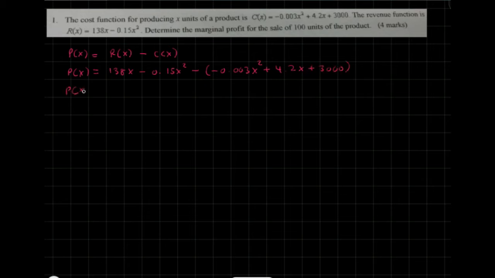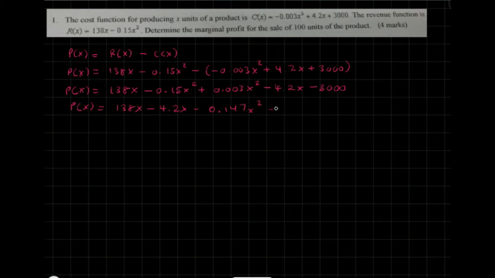And what I'm going to do here is simplify it. So P of x here is 138x minus 0.15x squared plus 0.003x squared minus 4.2x minus 3,000. I'm going to collect the like terms. So P of x here is equal to 138x minus 4.2x, which is 133.8x, minus 0.15 plus 0.003, which is 0.147x squared, minus 3,000.